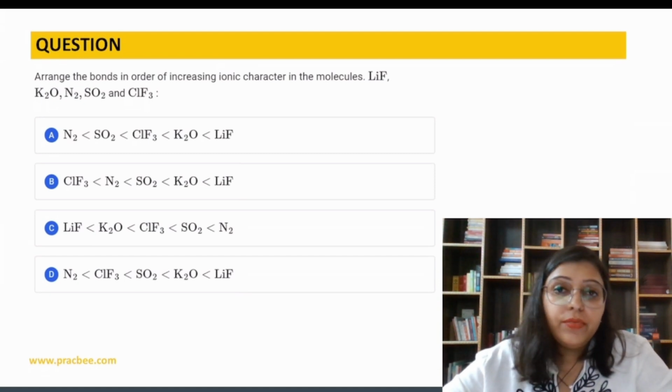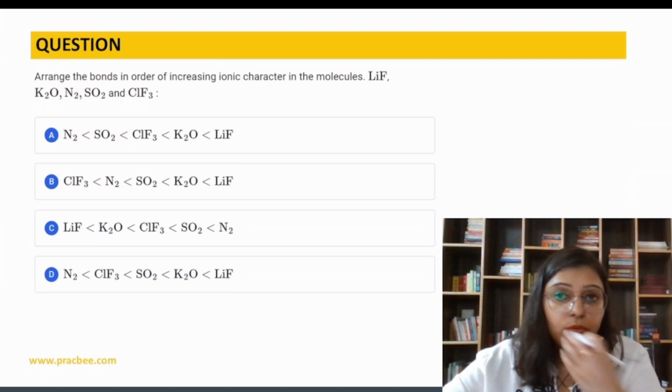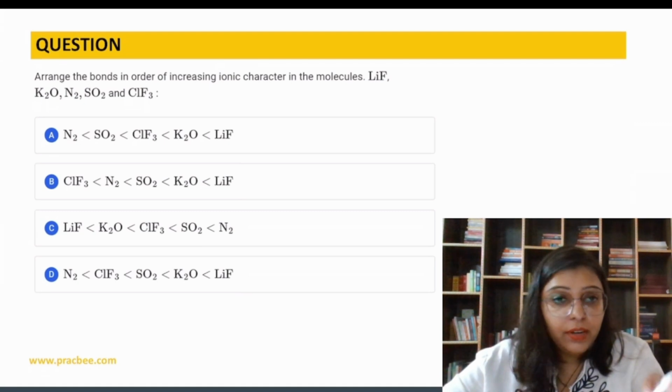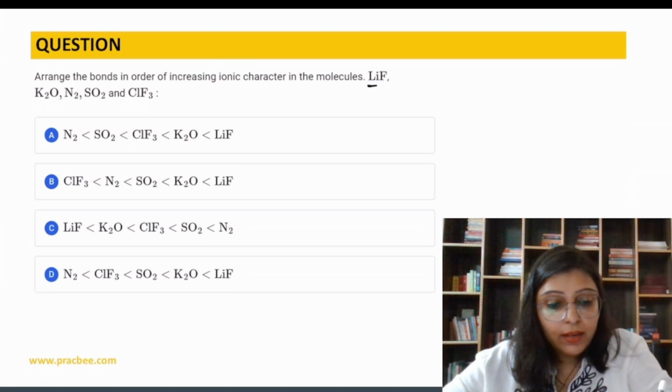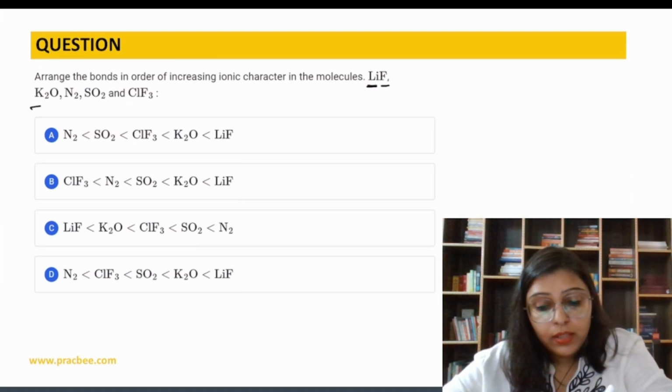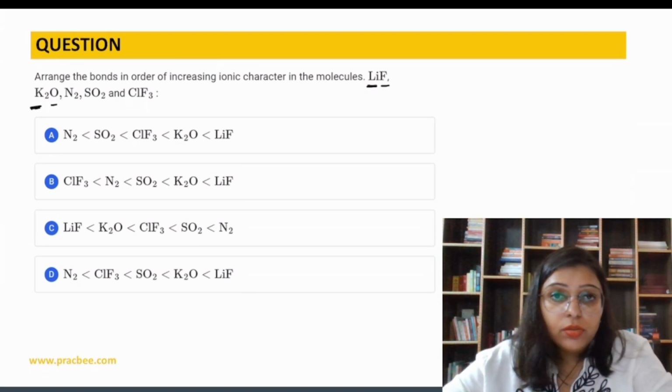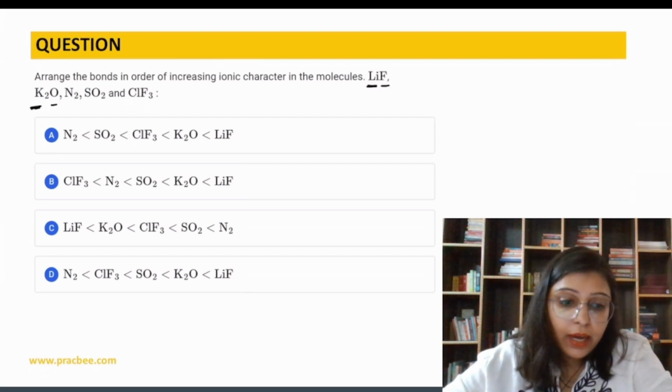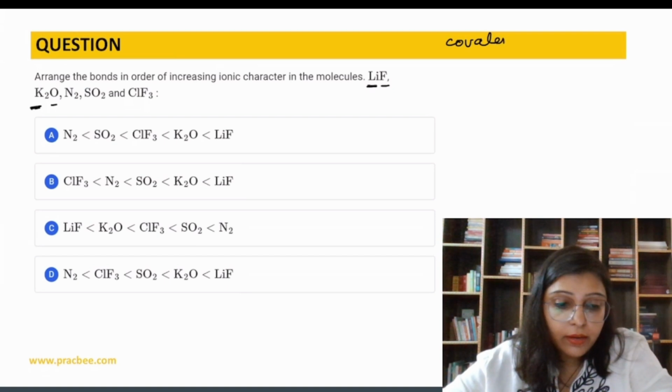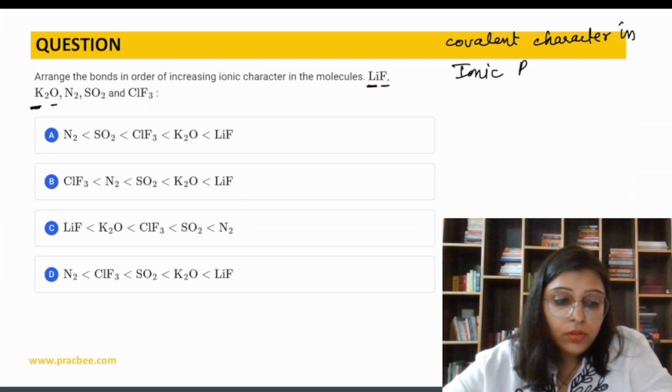Arrange the bonds in order of increasing ionic character in the molecules. See, here we have different molecules. Bonds are between metal and non-metal, then potassium, then oxygen. So if I want to find out covalent character in ionic bonds, that is as per Fajan's rule.